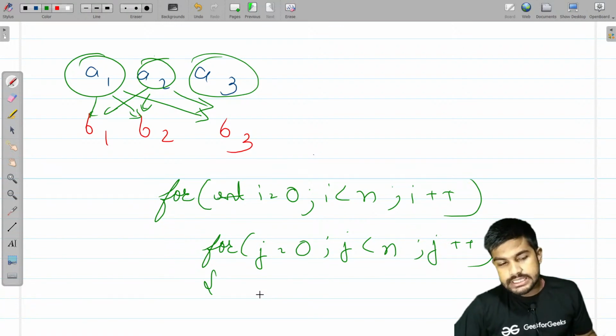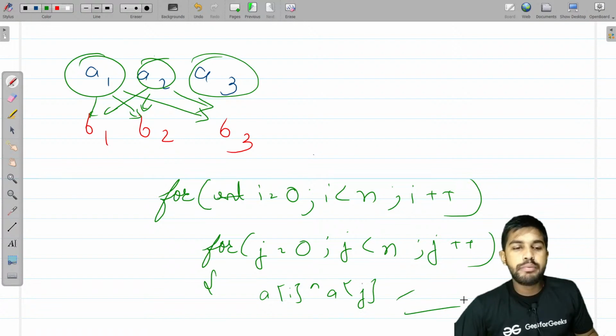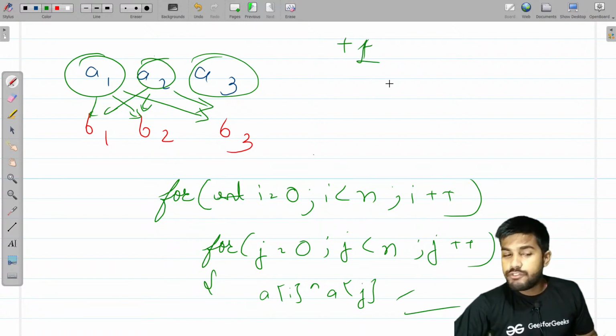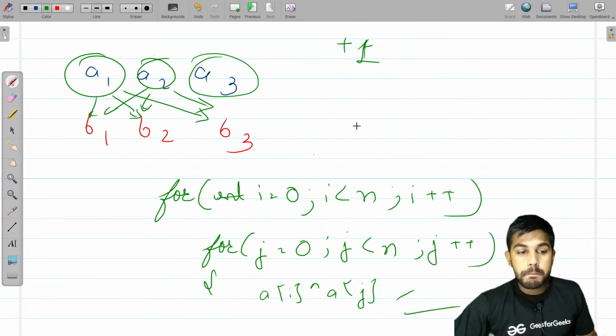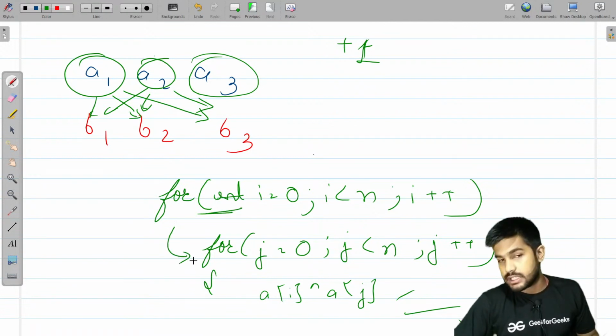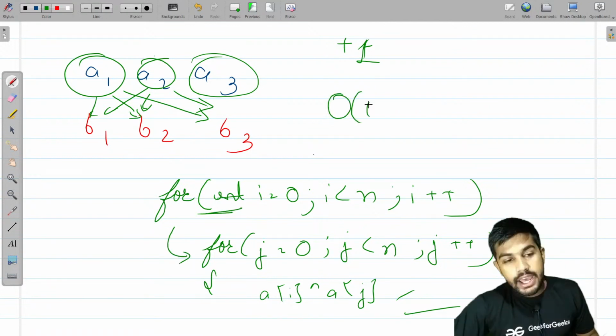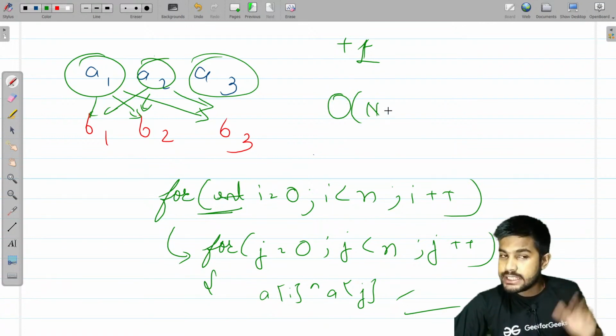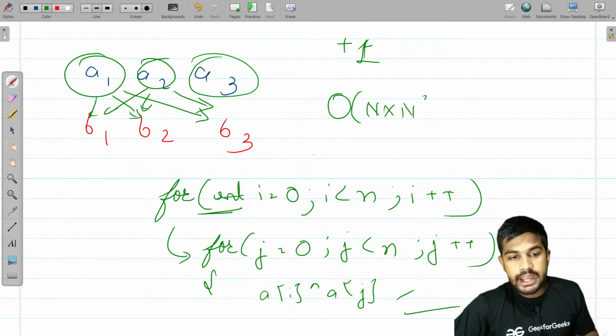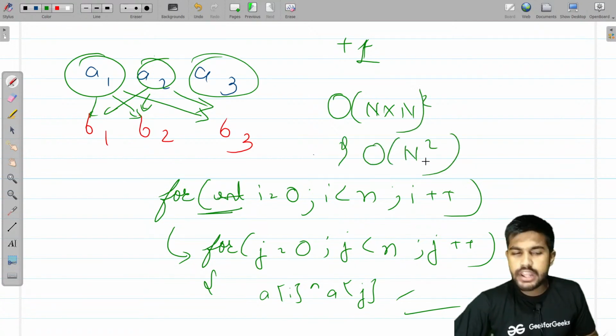So what you would do is if a'i XOR a'j exists in the set, you would be adding plus 1 itself. But this would give you a TLE. Why this would give you a TLE? Because for every element we are considering all the other elements. So for n elements we would do n square, that would be n into n itself. So the complexity would be big O of n square, which is not feasible enough.